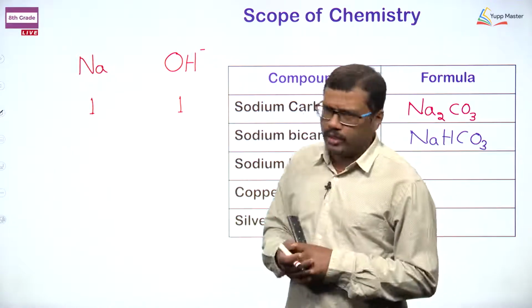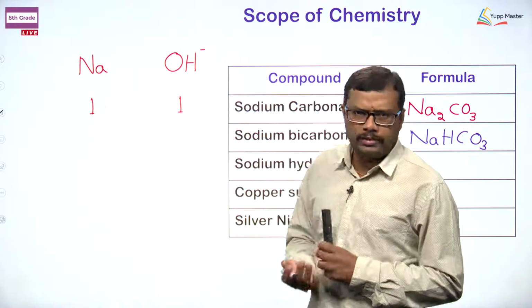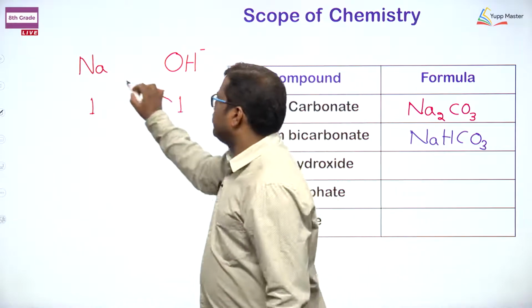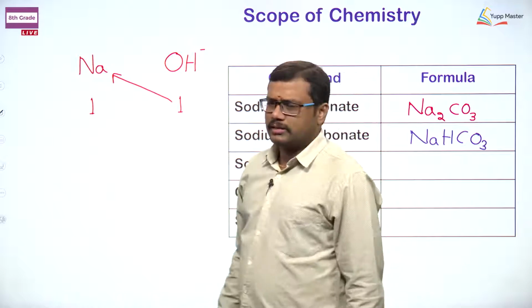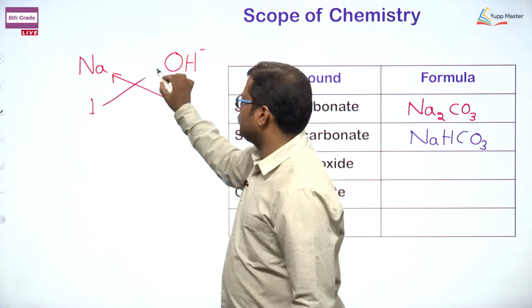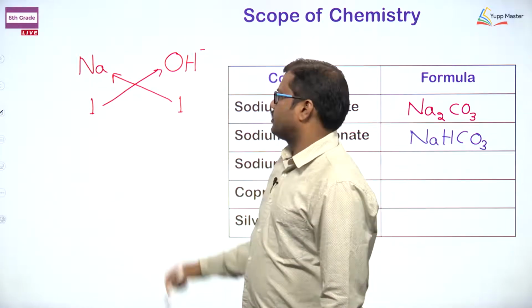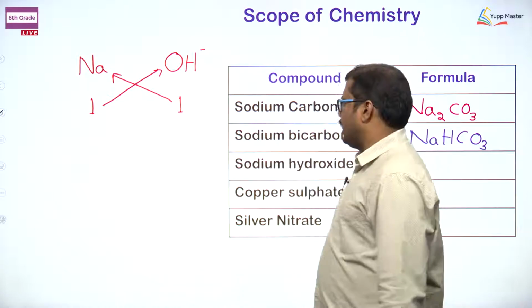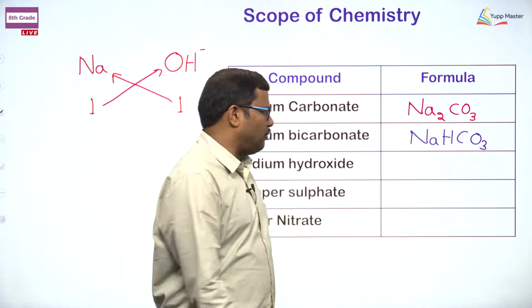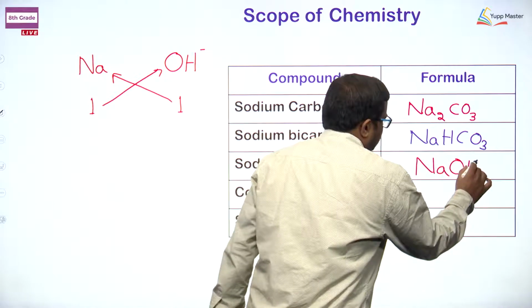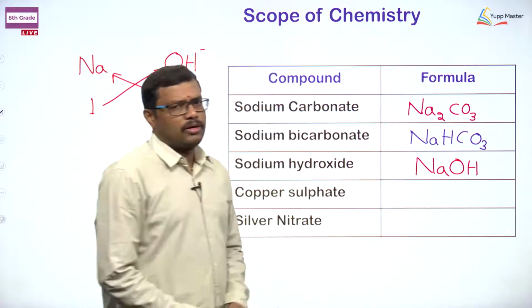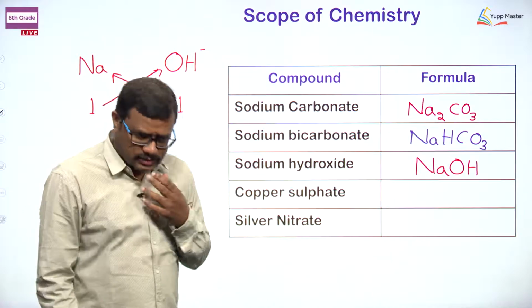So, the simple ratio you are going to get is 1 is to 1. So, exchange the valency of sodium to hydroxide and hydroxide to sodium. So, 1 and 1. Writing the formula, we get NaOH. NaOH is the formula of sodium hydroxide.